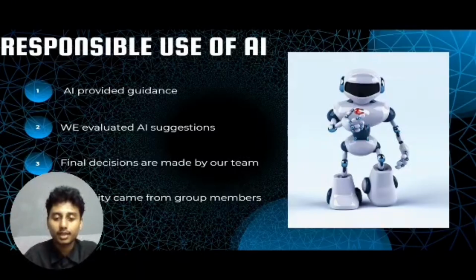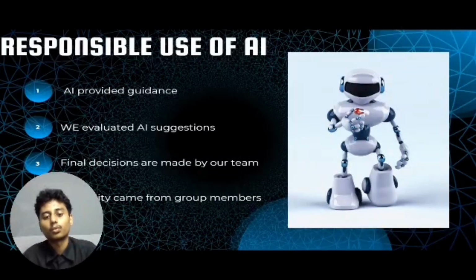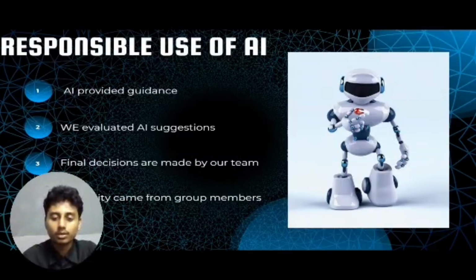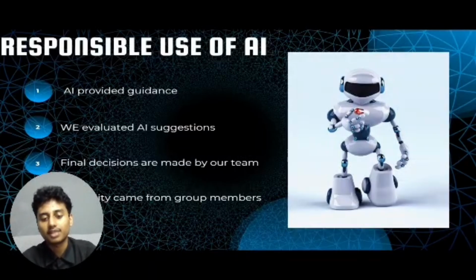And AI also helped us identify the strengths and weaknesses of different apps, which gave us useful ideas for improving our own application. And we also used AI to improve our application design by letting AI suggest better layouts, colors, and navigation to create a more attractive and user-friendly interface. During development, AI helped us review our code by finding errors and suggesting more efficient programming methods.